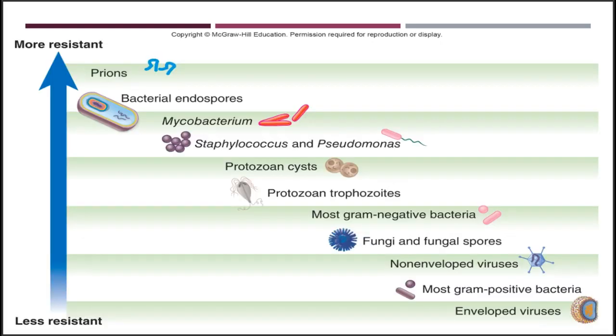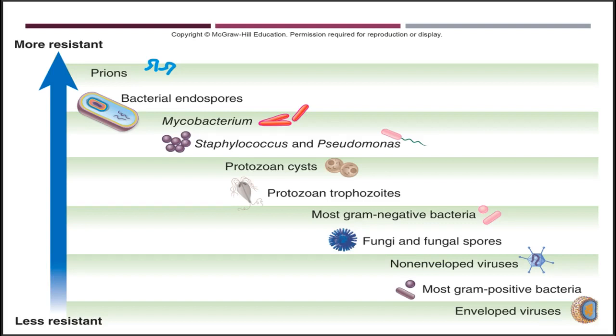So this is an image from your text, and it shows sort of the relative resistance of different organisms. So you can see that enveloped viruses are not very resistant. And that has to do with the fact that they are enveloped.